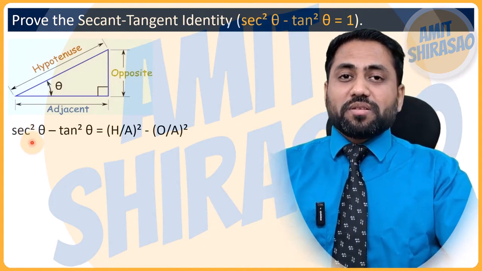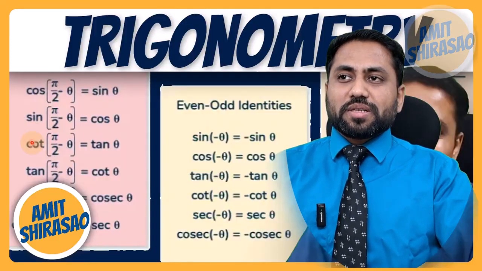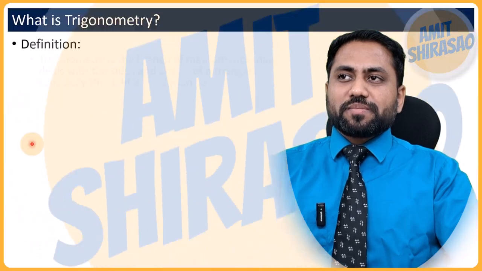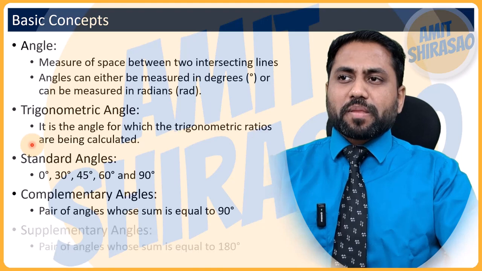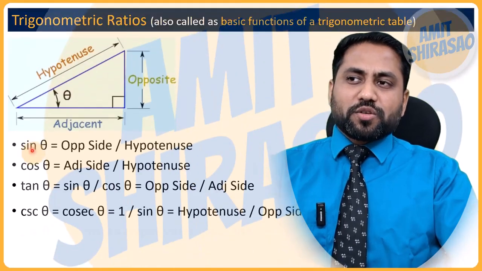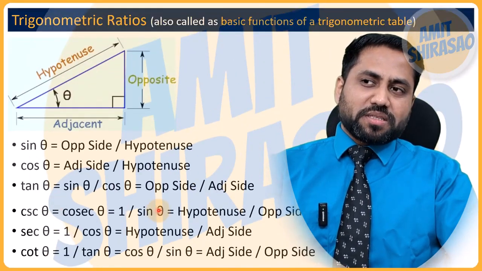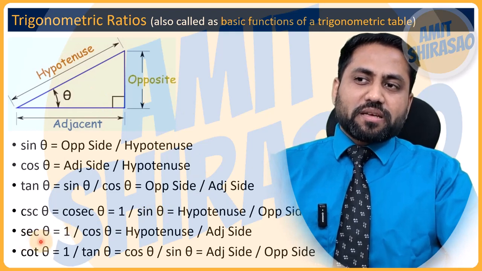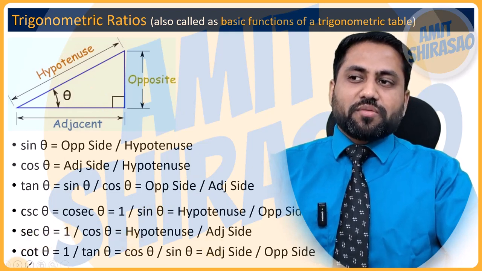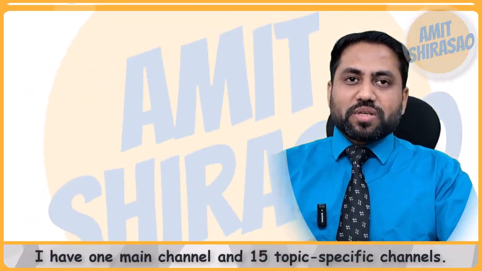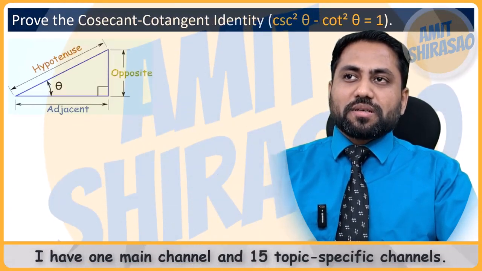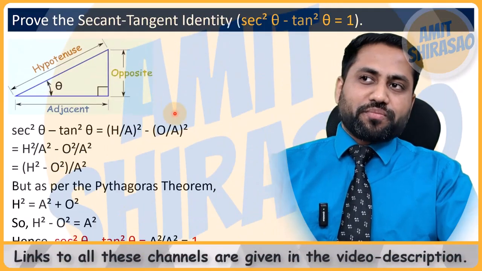Now remember the very first slide that I showed you. Let me go to that slide. Yeah, do you remember this slide? When I say sec, it means hypotenuse upon adjacent. When I say cot, it means adjacent upon opposite. So now let's get to our proof.